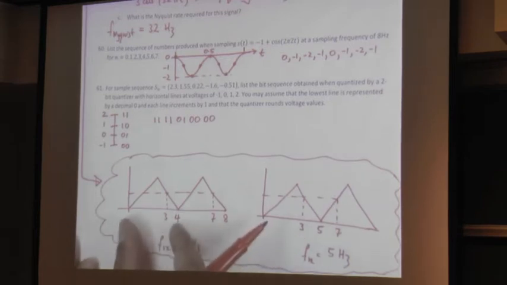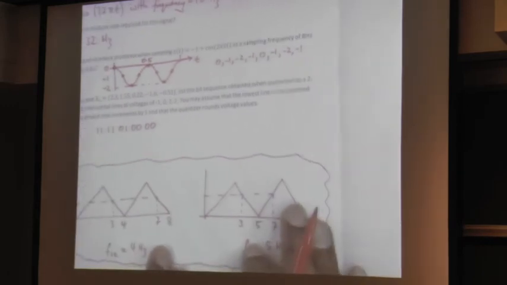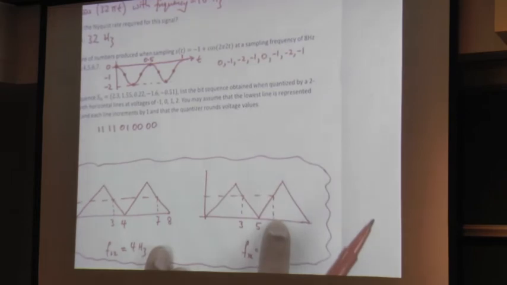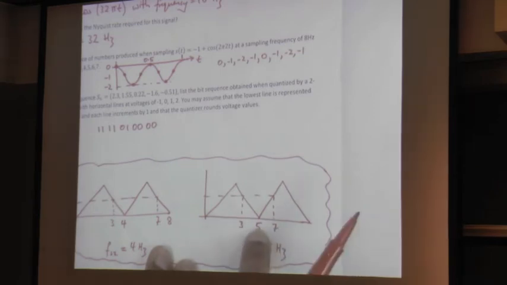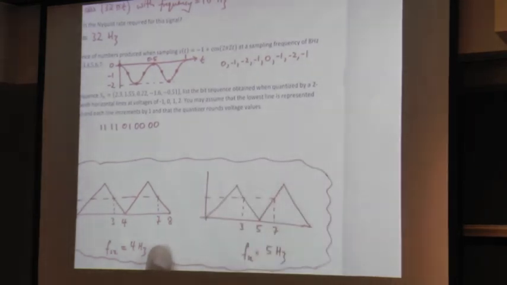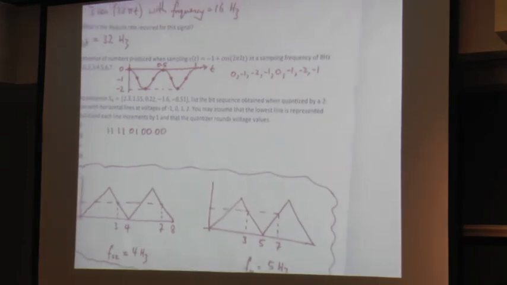So that makes this 4, and that's how I got that one. And for the other case, I put 3 over here and 7 over here, and then I could get that 5 is right in between. And that is the sampling rate where the triangle touches down. Okay, so that's how I got my 4 and my 5.